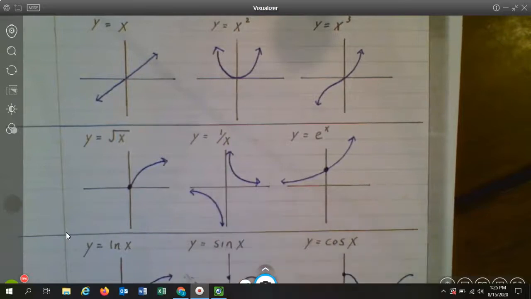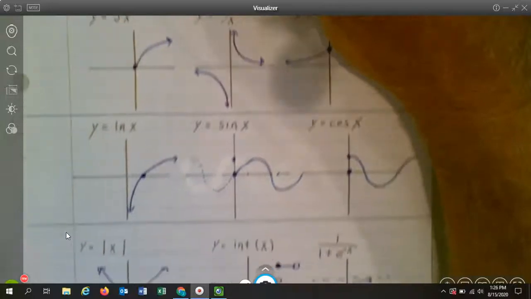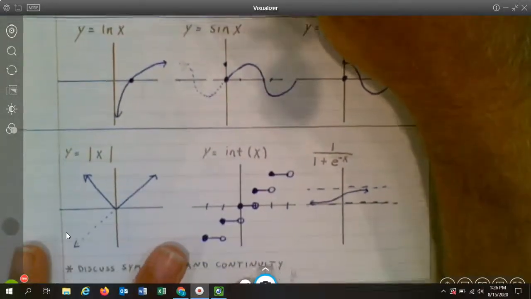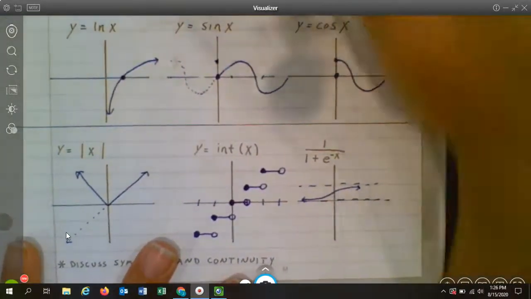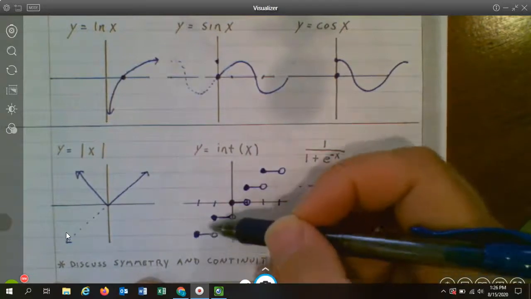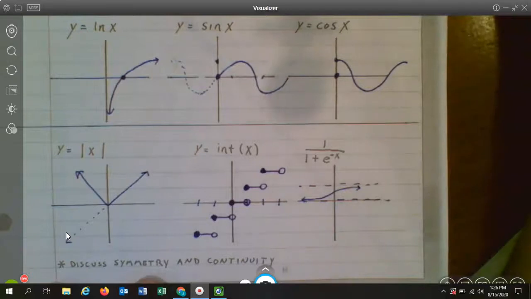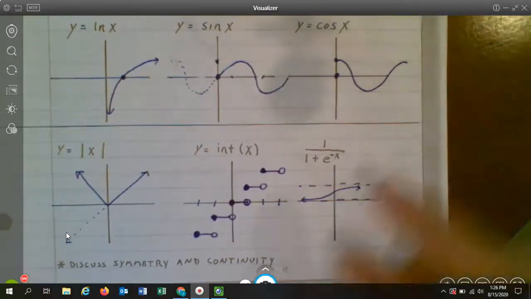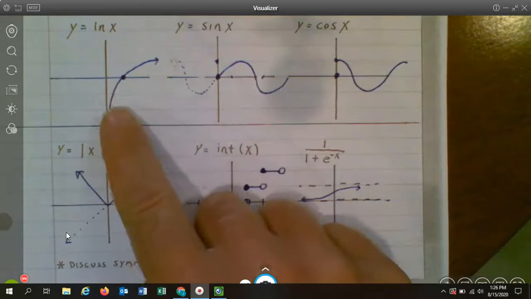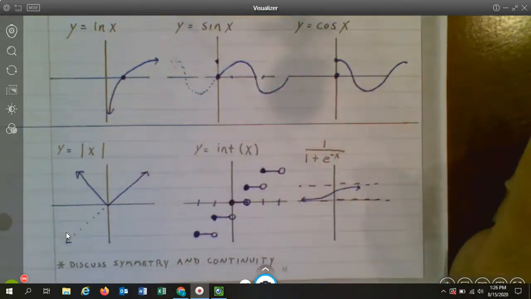With the greatest integer function, there's clearly a jump discontinuity as we jump from 1 to the next part of that graph. Most of the graphs that we see go on and on forever, left and right, so they are continuous everywhere. But a couple of these are discontinuous graphs.